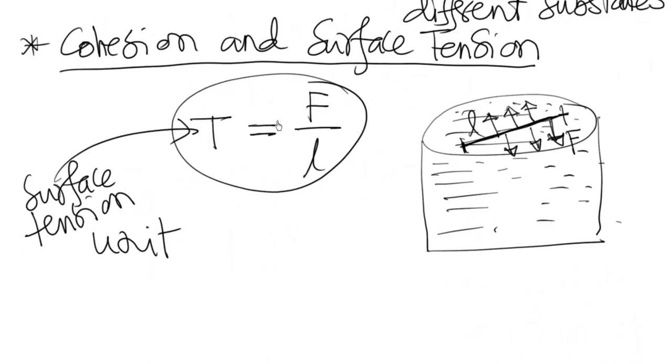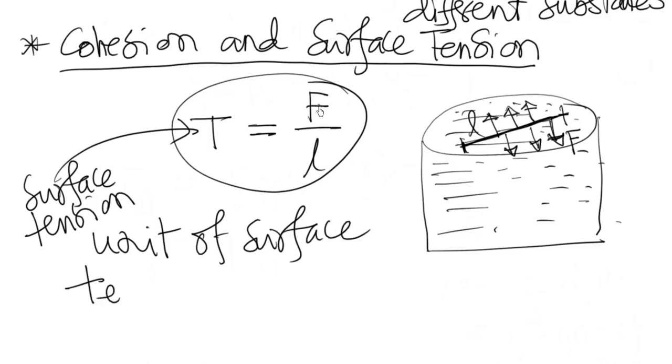Surface tension is force per unit length, so the unit of surface tension is Newton per meter.